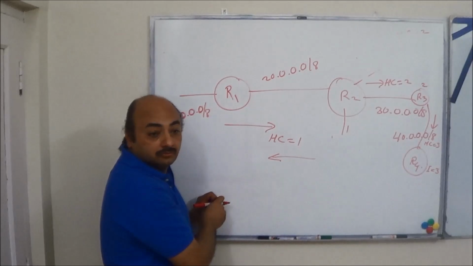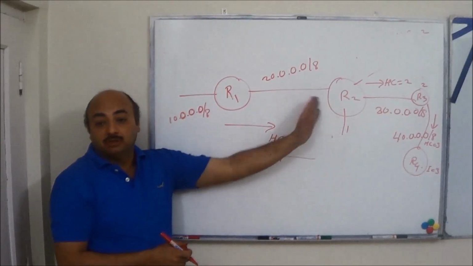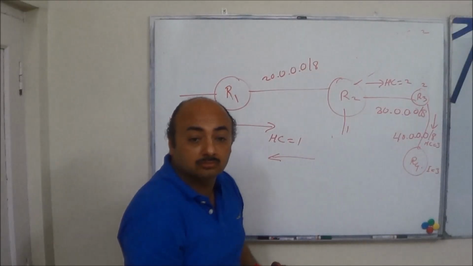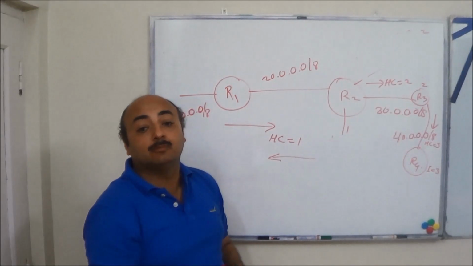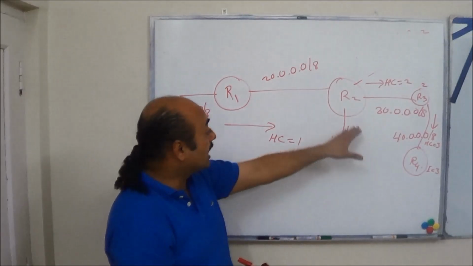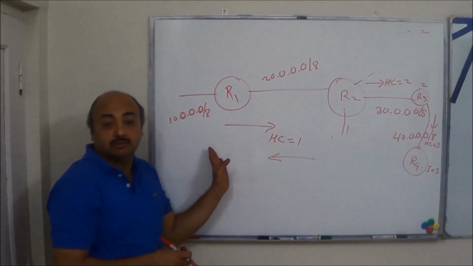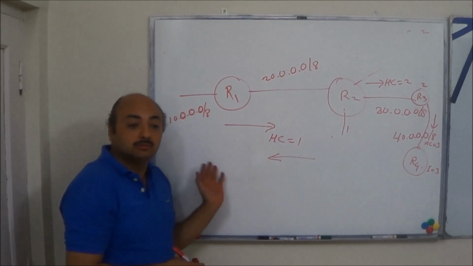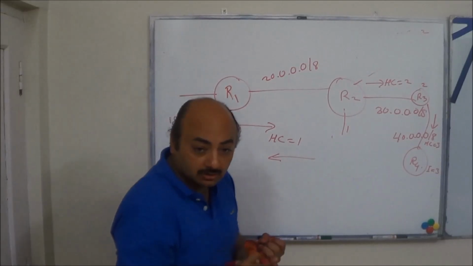So R1 will say, oh, the 10 network is definitely not reachable via R2. This is known as split horizon with poison reverse. So what is R2 doing? Poisoning R1's mind, saying that the 10 network is not reachable via me. Clear?